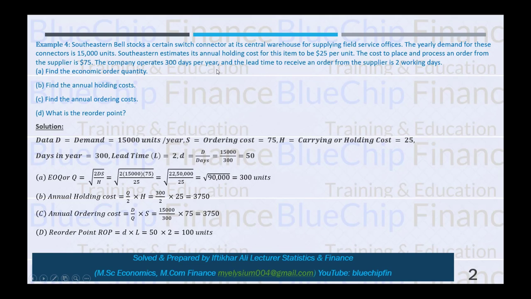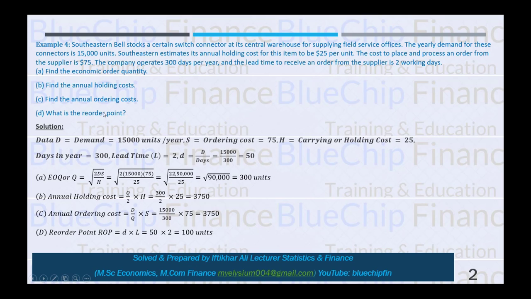Southern estimates its annual holding cost for this item to be $25 per unit. The cost to place and process an order from the supplier is $75. The company operates 300 days per year and the lead time to receive an order from the supplier is 2 working days.